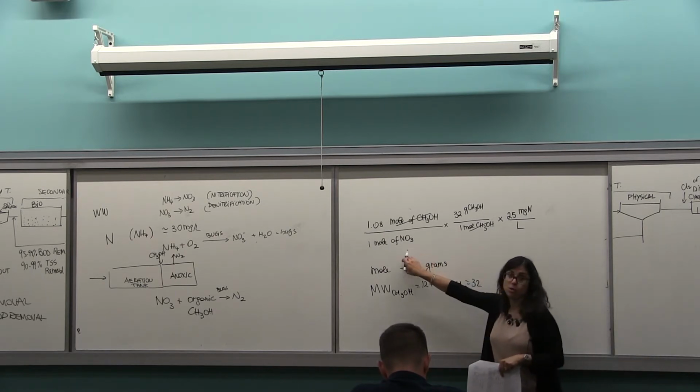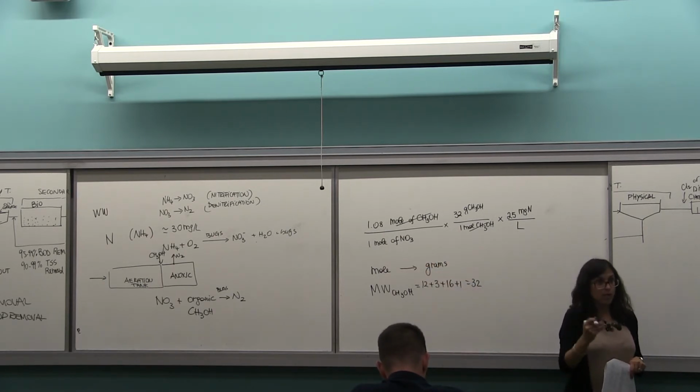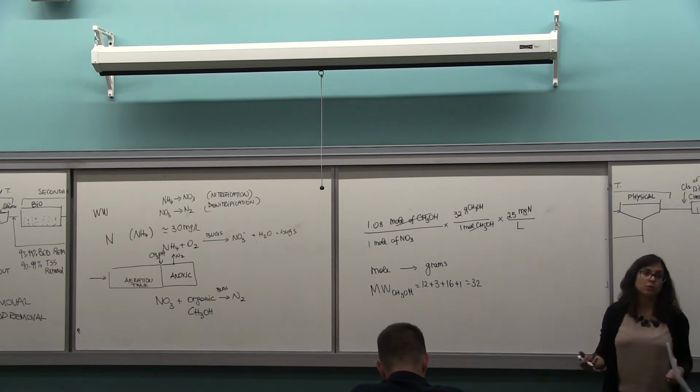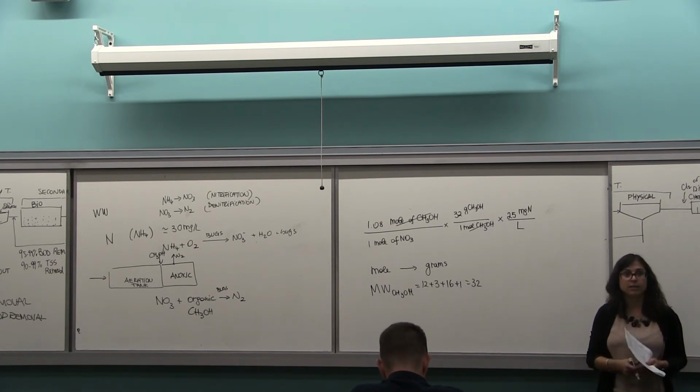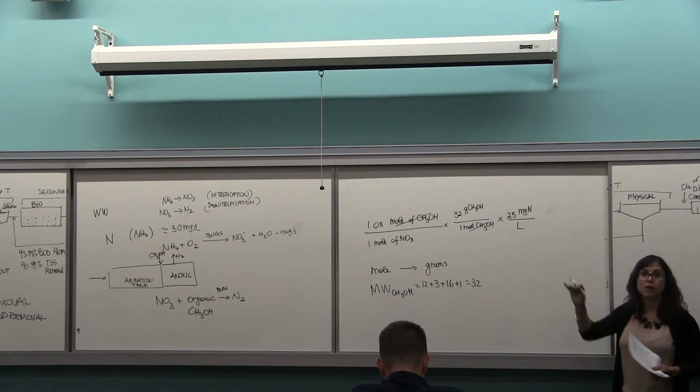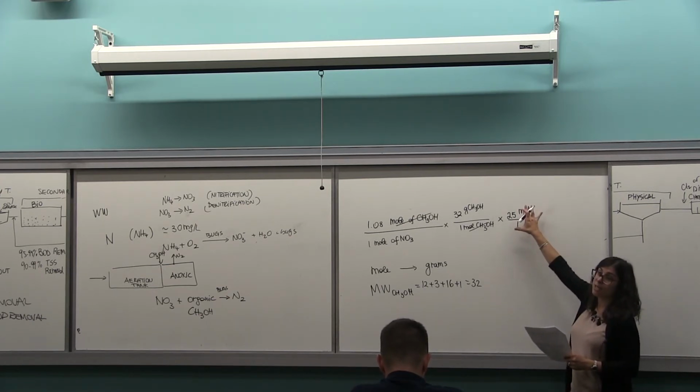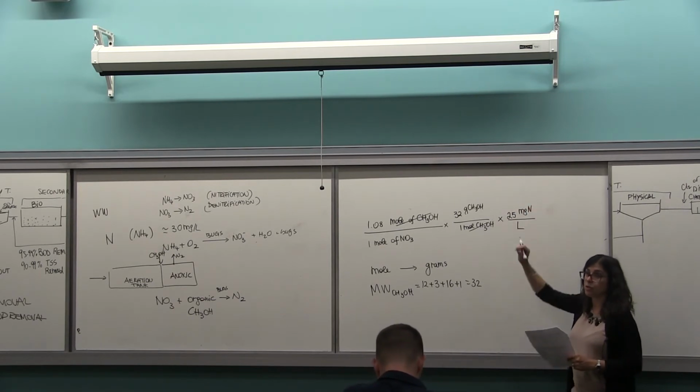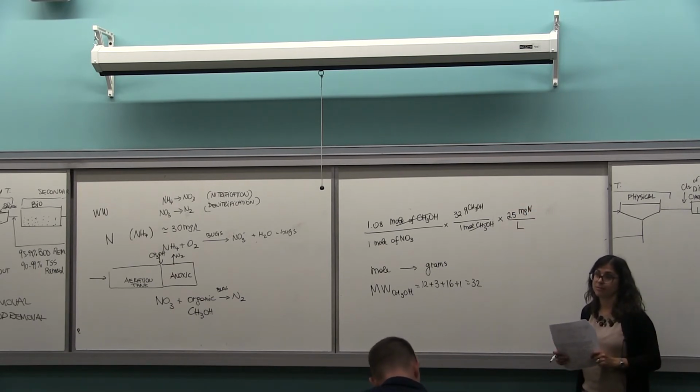I don't have 1 mole of nitrate, I have 25 milligram. So I need to use again the molecular weight, in this case of nitrogen, to find how many moles is 25 milligram.